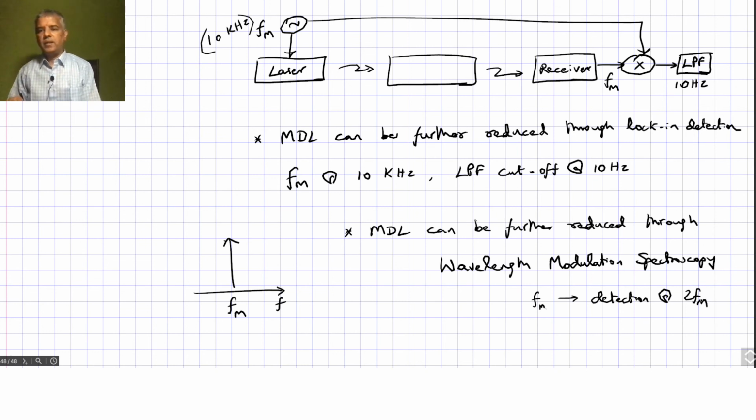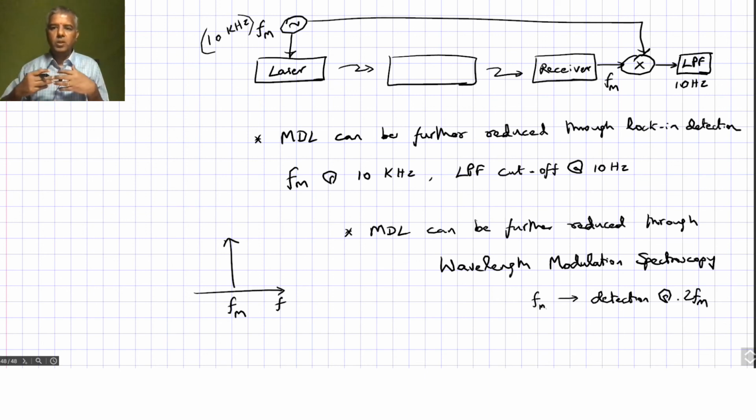If you are doing that, there is negligible background, you do not have any other spurious absorption coming into the picture, then you can possibly get even better improvement as far as the minimum detectable limit is concerned. Okay. So that hopefully gives you a feel for all the things that you could do with amplitude modulated sensors. So that's just a realistic example.